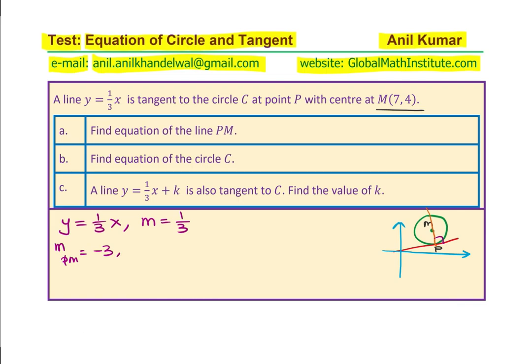And it goes through the center of the circle, which is 7, 4. Now with this information, we can get the equation of the line PM. At this stage, I would like you to pause the video and find the equation of the line PM. So let's work on the equation of line PM.